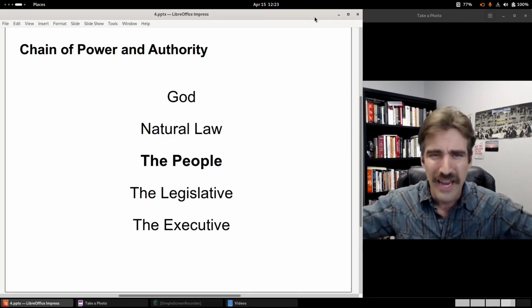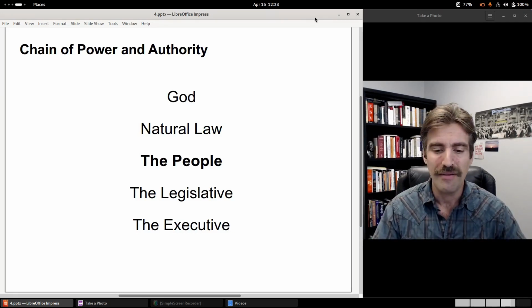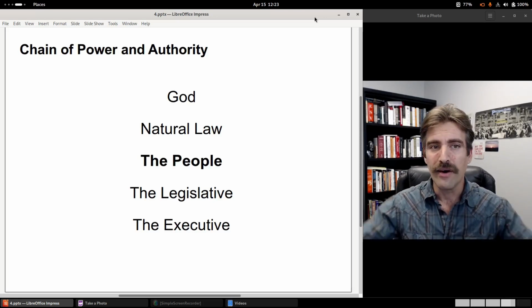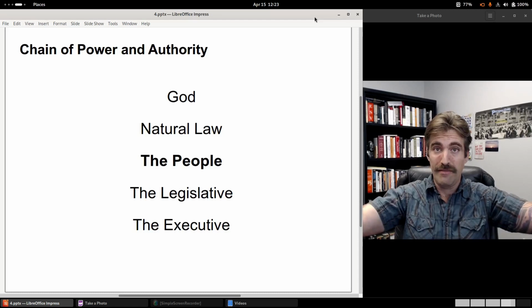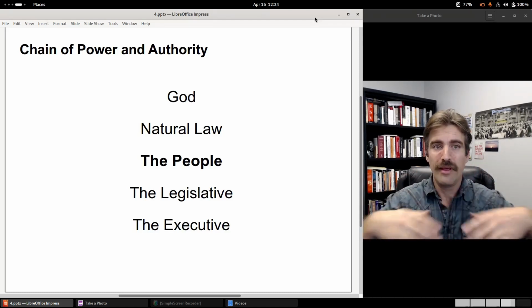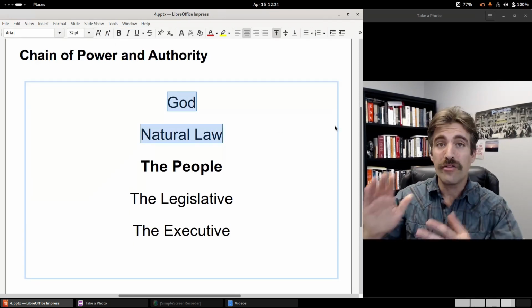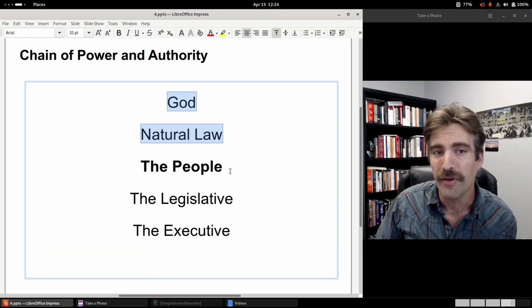And he's not just saying that. He meant it very, very sincerely. He was a fairly devout man. He wasn't a totally secular thinker. God is at the top. God created natural law. And so these two elements are supreme above all other things, including supreme over the people.